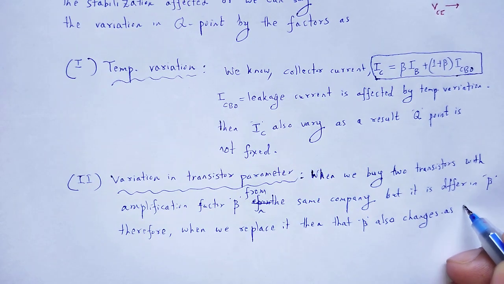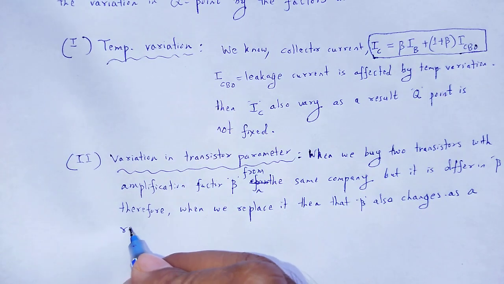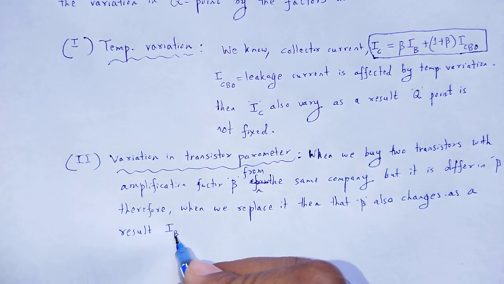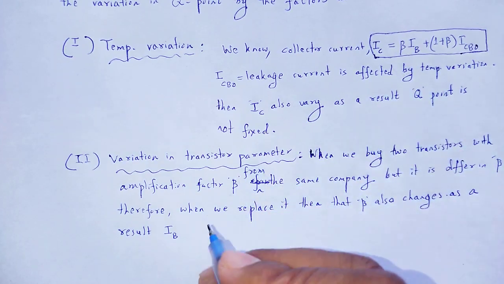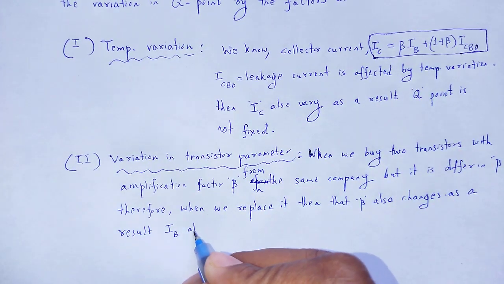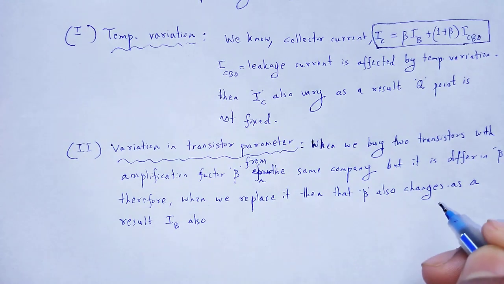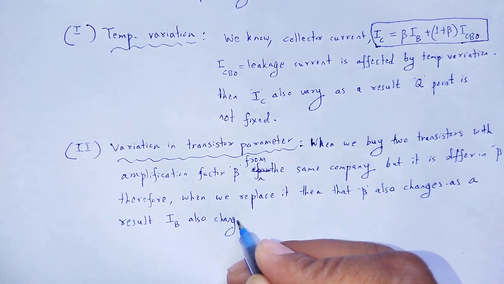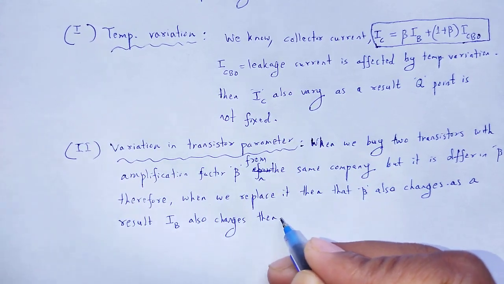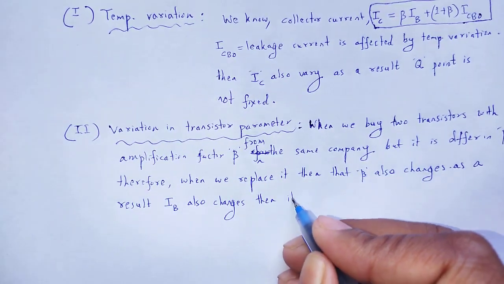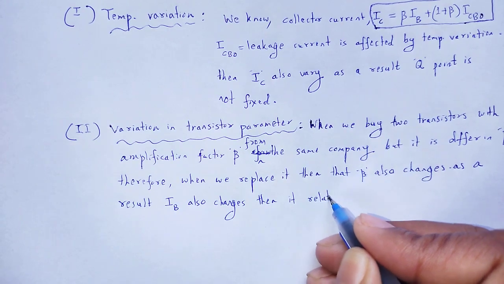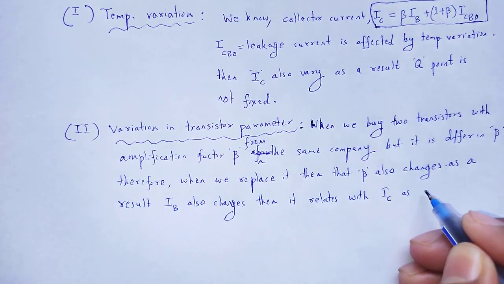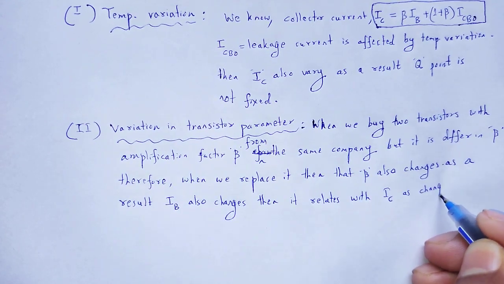As a result, IB, that is the base current, also changes. Then it relates with IC as changing.